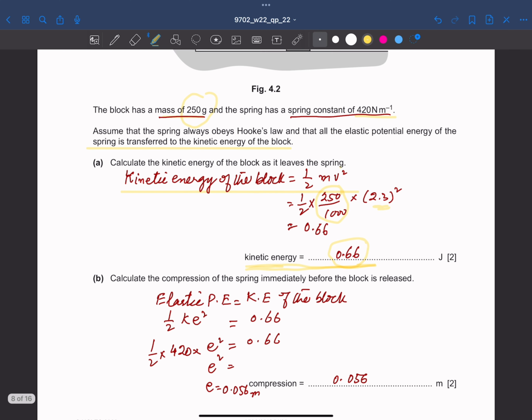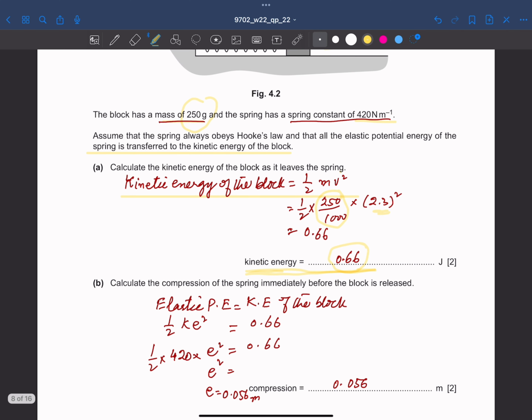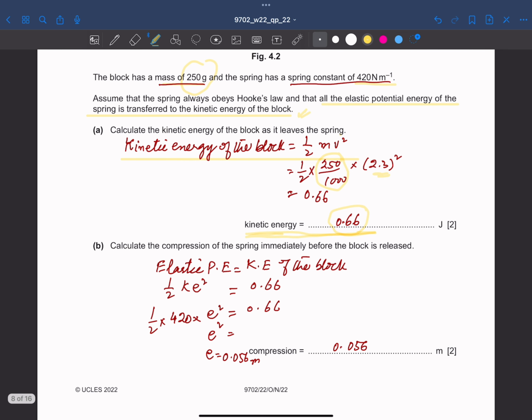And what they have said already here, that all the elastic potential energy of the spring is transferred into the kinetic energy. Kinetic energy we have calculated, so we can say that the elastic potential energy is equal to kinetic energy of the block. For elastic potential energy, you know that this is half k e square, and kinetic energy you have already calculated.